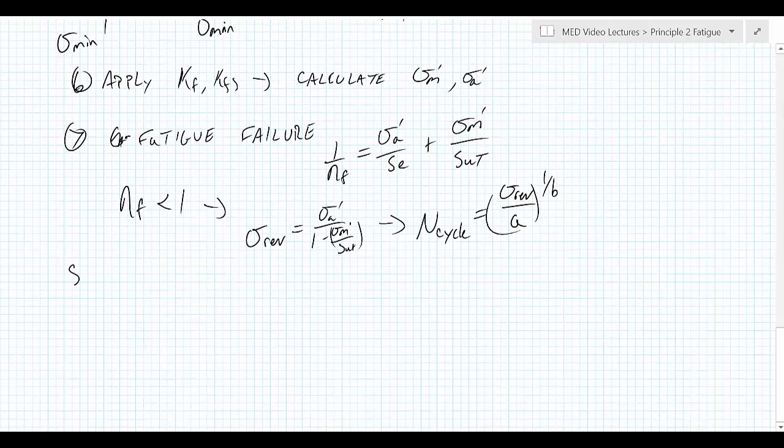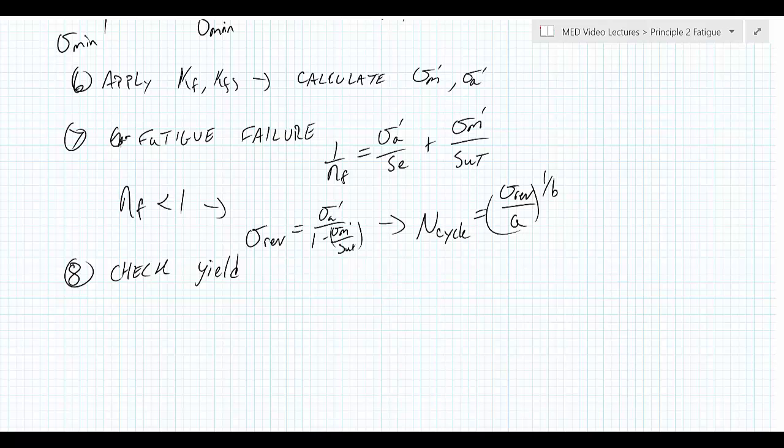Finally, we need to check for yielding, because it's possible that we are above the fatigue line there, but we have actually surpassed our yield point, so it won't do any number of cycles beyond the 1 because it will simply break.